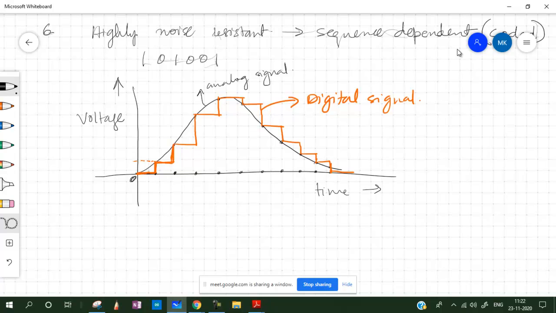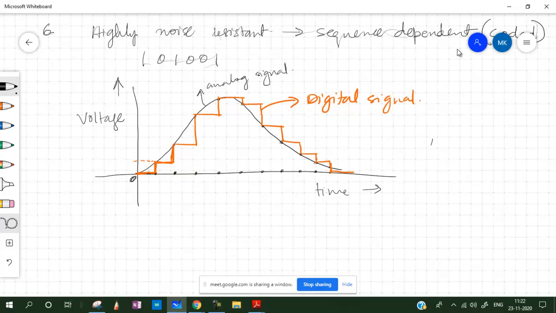Now you can reduce this sampling time so that you can avoid losing a lot of data in between. That can be done, but how much? Generally sampling time is specified through its inverse, 1 by sampling time, which is the sampling frequency.